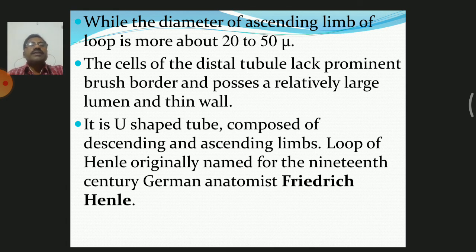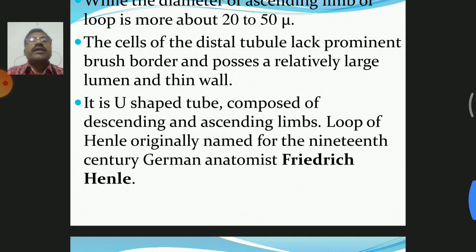The descending limb goes downward and the ascending limb goes upward. The loop of Henle is named for the 19th century German anatomist Friedrich Henle, who first discovered this U-shaped structure.